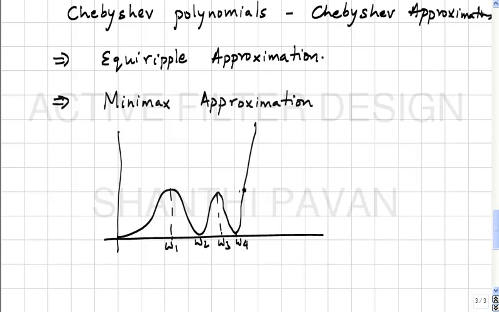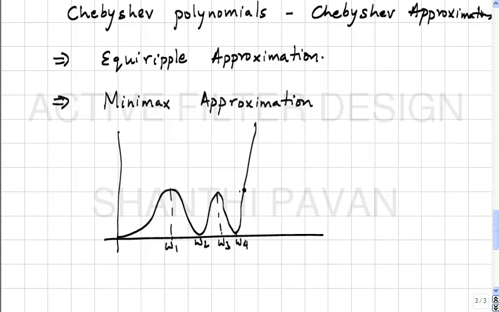To find omega 2 and omega 4, we set that polynomial to 0. To find omega 1 and omega 3, we set the polynomial to 1. So omega 1, omega 2, omega 3 and omega 4 are found very easily. We'll find them in a jiffy.